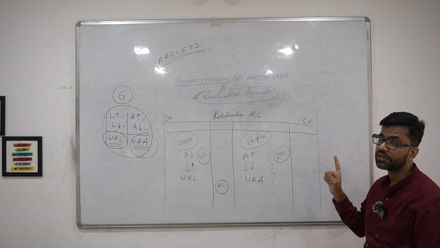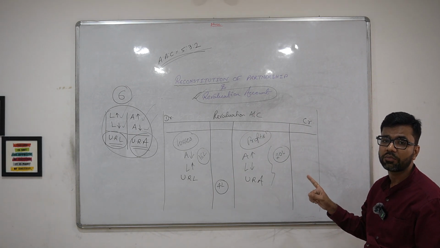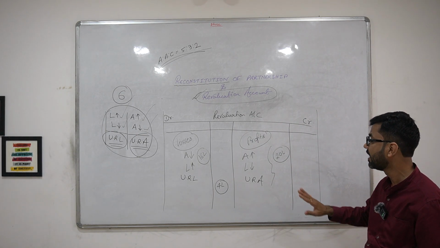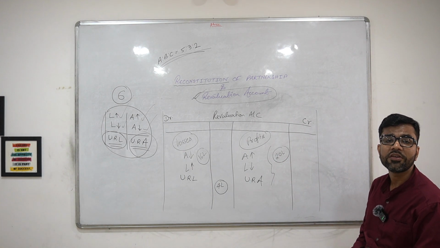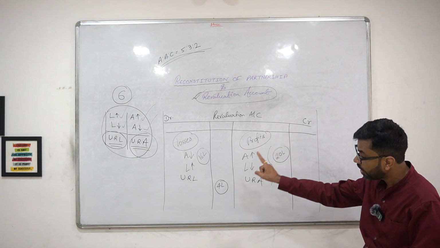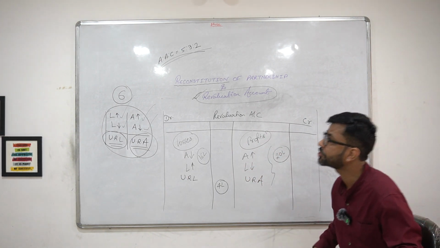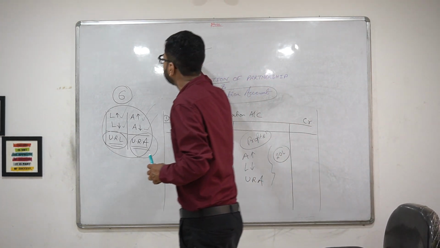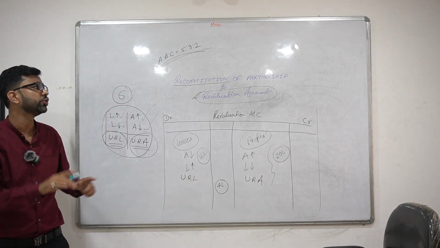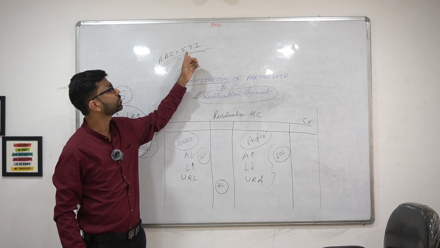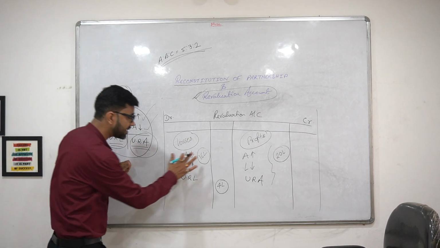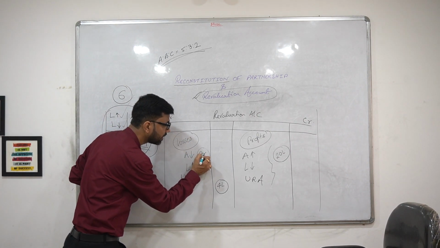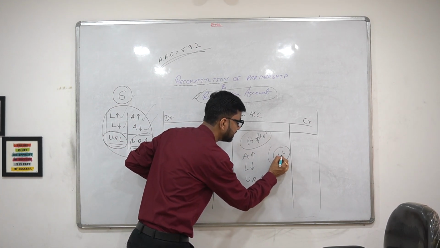We will be terming this 4 lakh balancing figure on the debit side as profit on revaluation, and this 4 lakh profit will be distributed among A, B, C in their old ratio, which is 5:3:2.